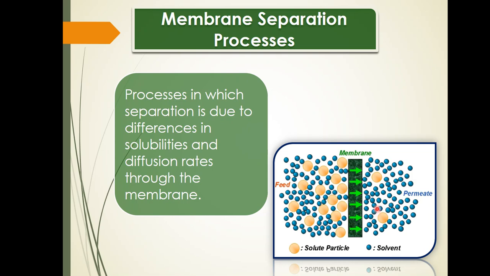Unlike the other separation processes, we don't have here the intimate contacting of the phases, but we have accomplished separation by the use of a selective membrane, a membrane that selectively only allows a particular component of your feed to pass through.